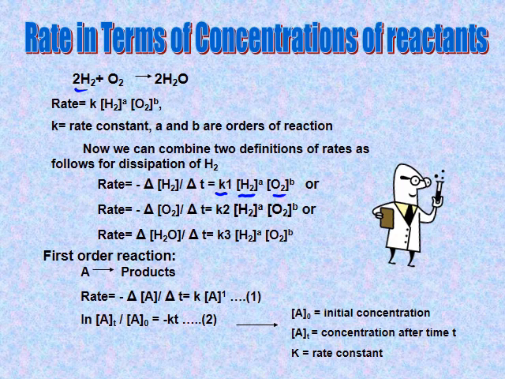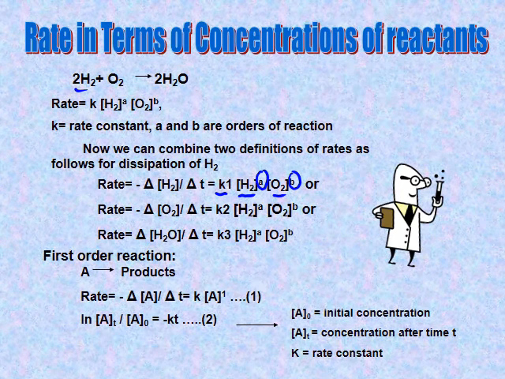Also, the concentration of hydrogen is raised to the power A, and for oxygen it is raised to the power B. These are called orders of reaction, and these come from experimental data. So without doing an experiment, you cannot predict whether A is going to be 1 or 2 or 1.5. So order of reaction has to be known from experiments or from experimental data.